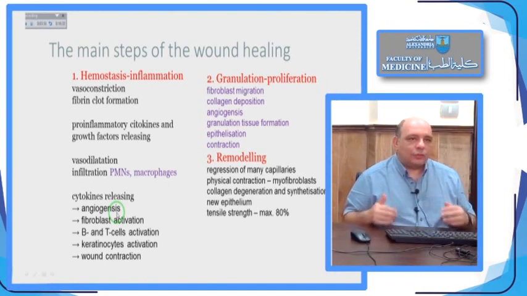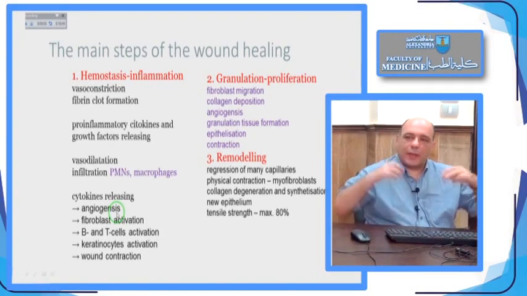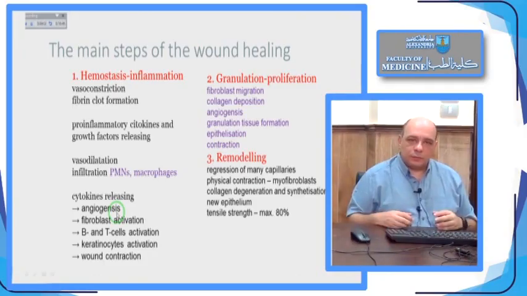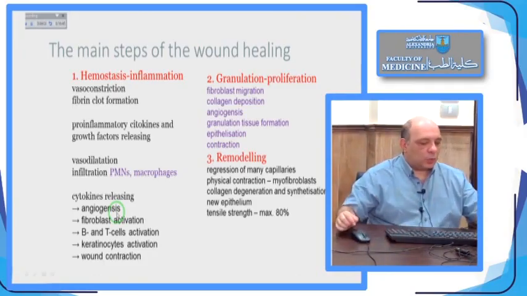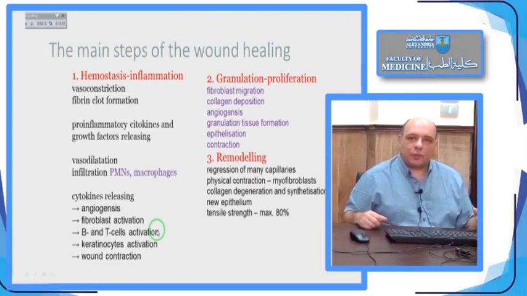To do so, you have to bring the workers, you have to bring labor, you have to bring people who can build this. Here, our workers are the fibroblasts. The fibroblasts activate in the place and are retrieved from the nearby skin and nearby tissues.